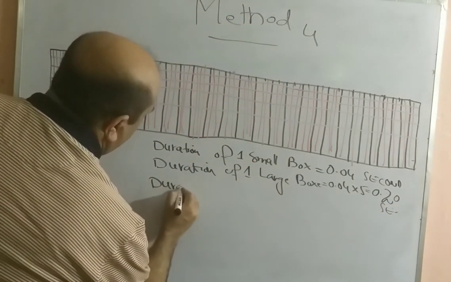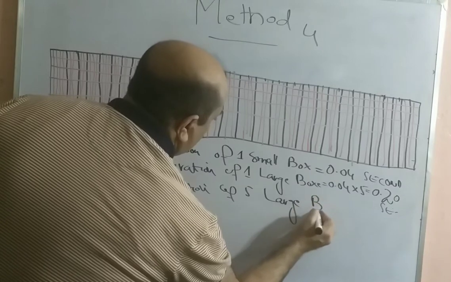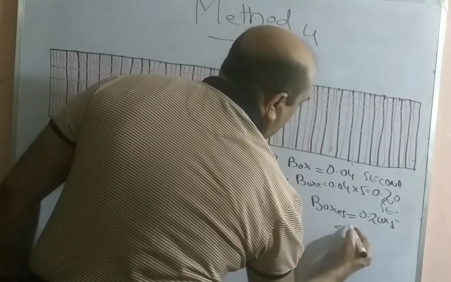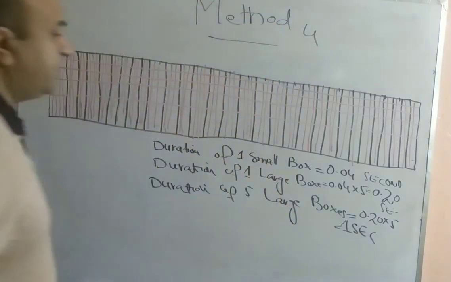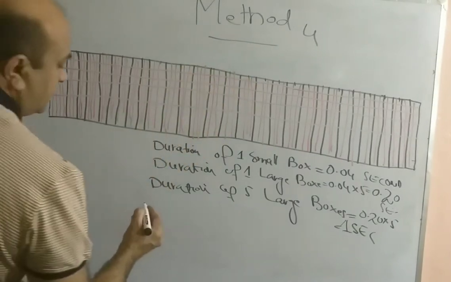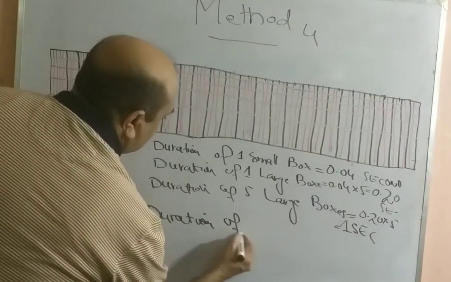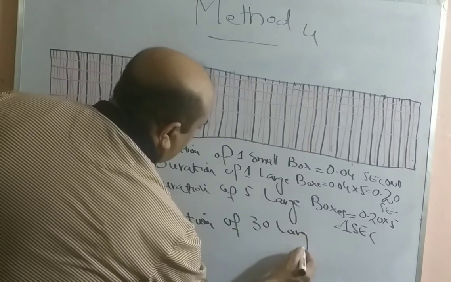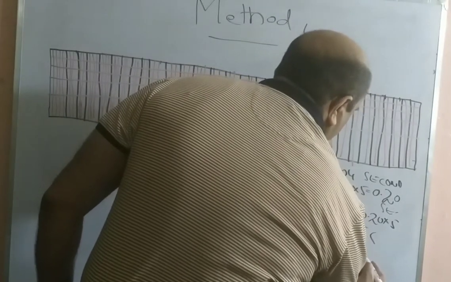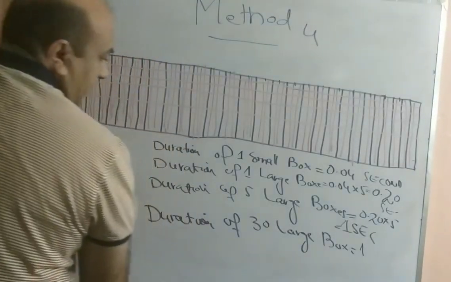Duration of 5 large boxes, 0.20 into 5, is 1 second, and duration of these 30 large boxes is... one large box has a duration of 0.20 second.